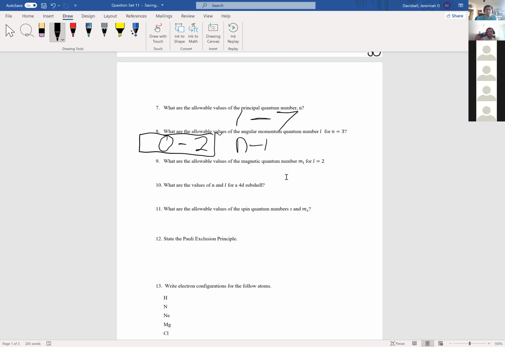Any questions on the quantum numbers for n and L? Make sense? Cool. So what are the allowable values of a magnetic quantum number m sub L for L equals 2? Now for m sub L, how does that relate to what L is?